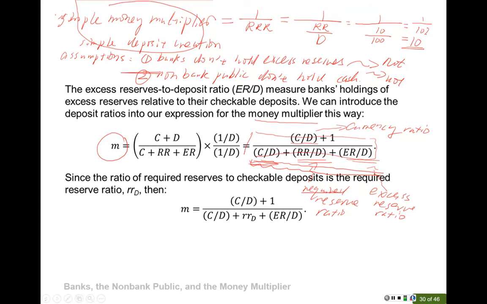You have to keep this equation in mind. The money multiplier is different from the simple money multiplier. It includes the currency ratio, the required reserve ratio, and also the excess reserve ratio.